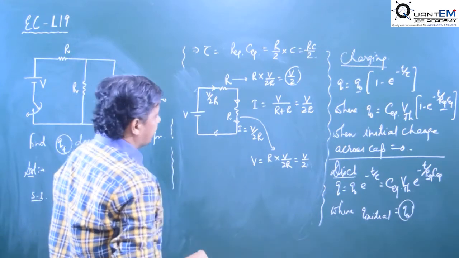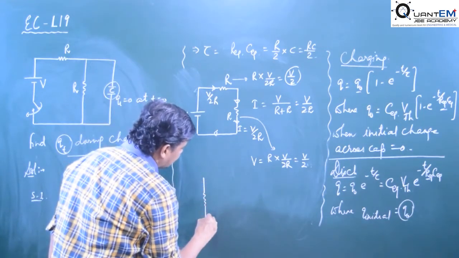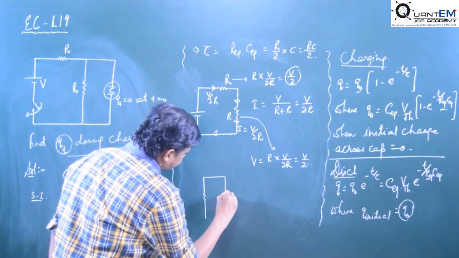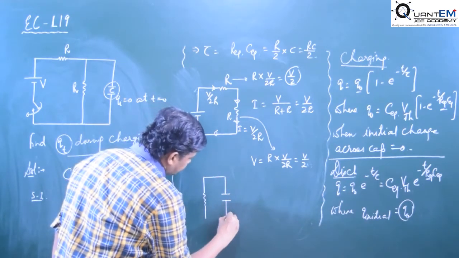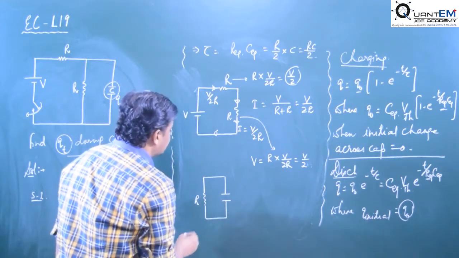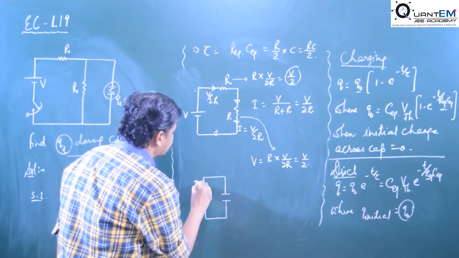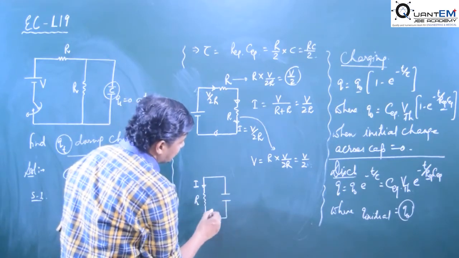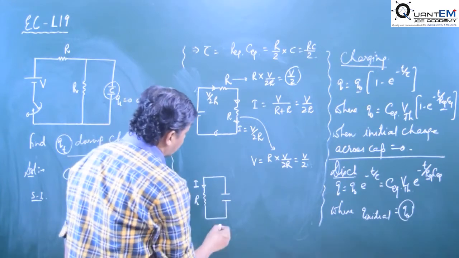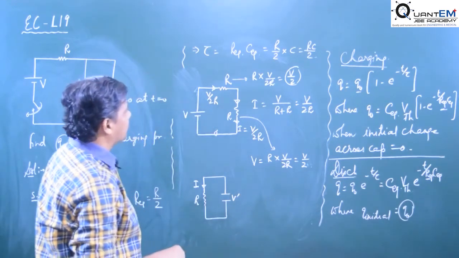Now we have to get the capacitor voltage. So now see, you take the loop having the capacitor. Here it is R, and here the current flowing is I. Considering this loop, suppose the potential drop across the capacitor is V dash, that we have to get.